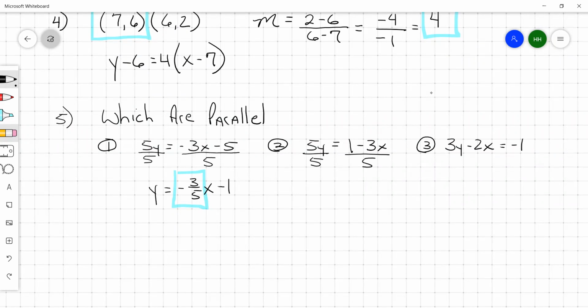But what we're going to do is we're going to take this -3x right here, we're going to move it next to the equal sign. So we're going to get 5y divided by 5. We're going to get y equals -3/5 x plus 1/5. And here's your slope.